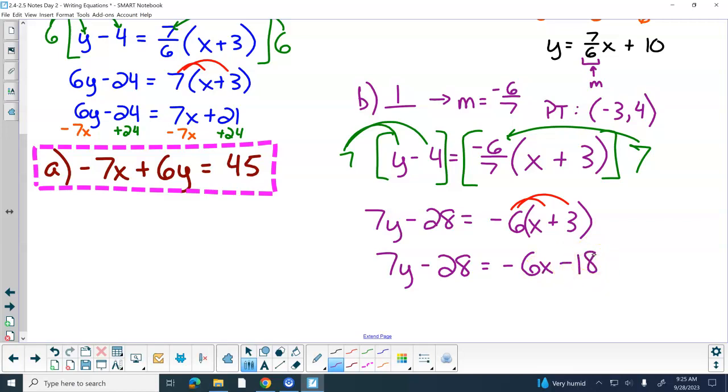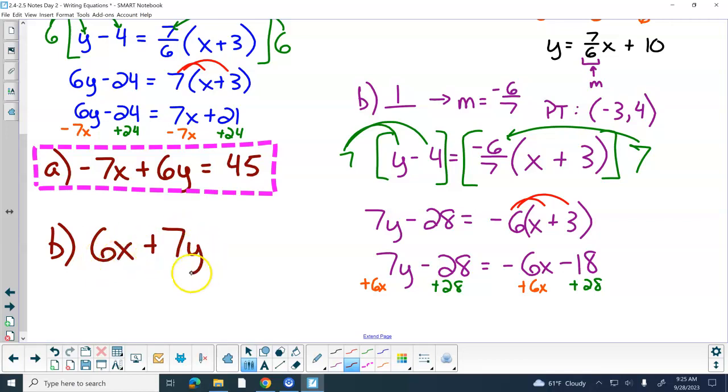Again, x and y on the same side. Add 6x to both sides. Add 28 to both sides. That would give me then my answer for part B of positive 6x plus 7y equals 10.